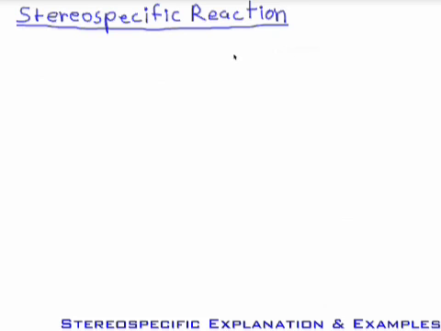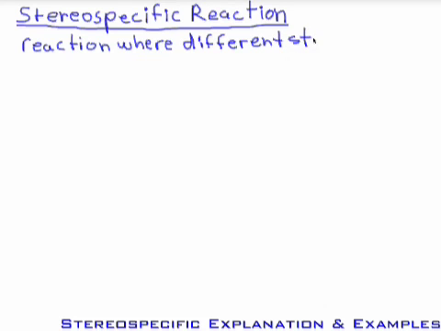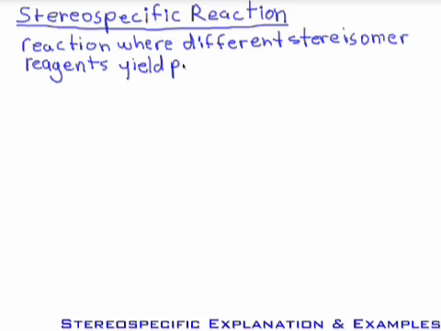It's a reaction in which different reagents that are stereoisomers, so different stereoisomeric reagents, yield products that are specific stereoisomers.